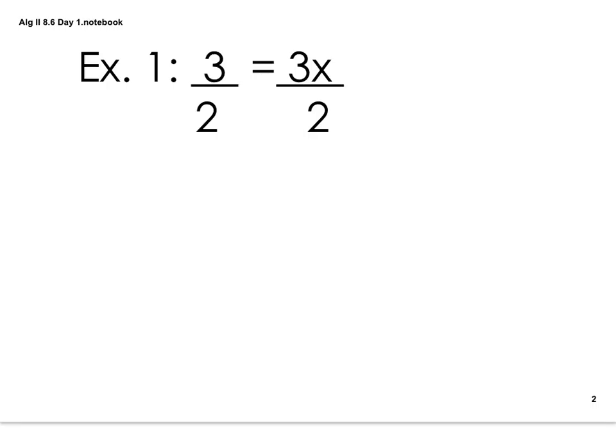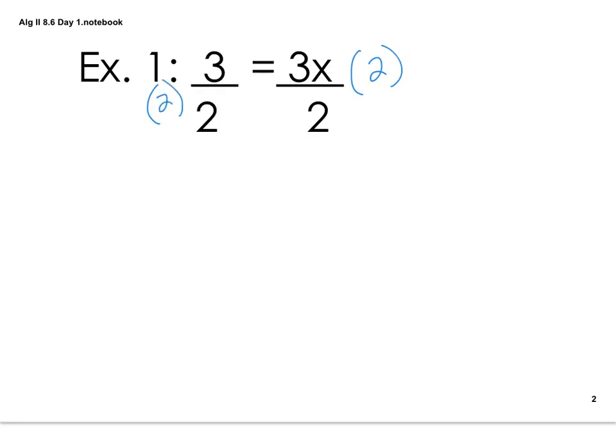The first thing I'm going to show you is how to get rid of the denominator. The multiplication property of equality says that if I multiply both sides of my equation by the same thing, I'm totally legal. So I'm going to simply multiply both sides of my equation by 2.